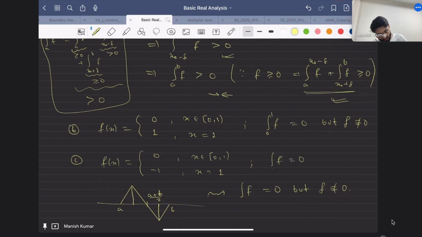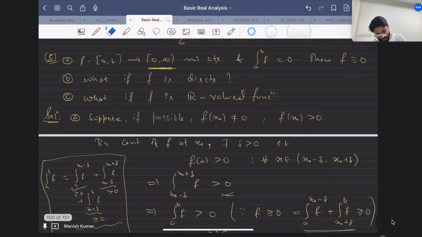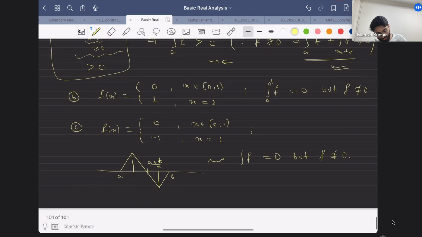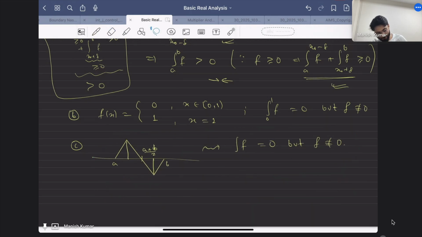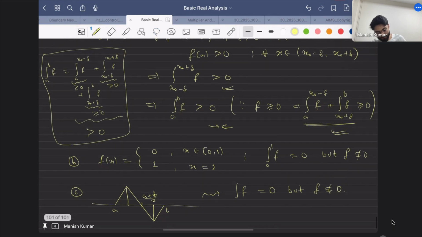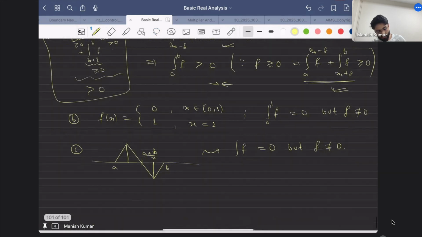But here you have to take continuity. So I say it is a real valued continuous function. Then this example would work. Okay, let's go to the next problem.